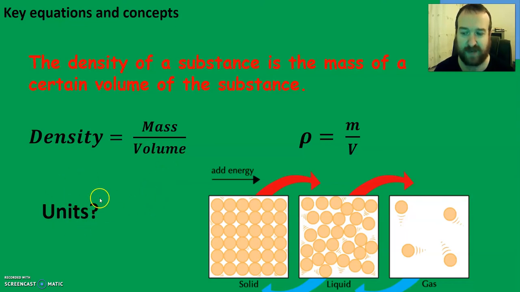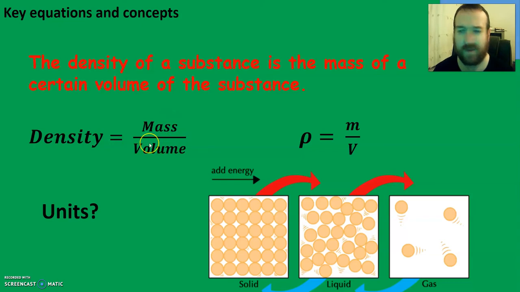The other thing we need to be careful about is our units. Normally in science, for mass we use kilograms and for volume we use meters cubed, so our density unit would be kilograms per meter cubed. But because we're looking at quite small objects most of the time in this experiment, things that are 5, 10, maybe 100 grams, we would use grams.